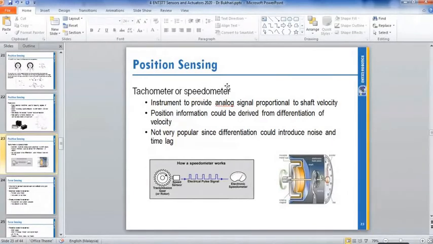So with the speedometer, we can find out, for example, if you drive your car at 100 kilometer per hour. If you want to find the distance in half an hour, you need to integrate over 0.5 hours.